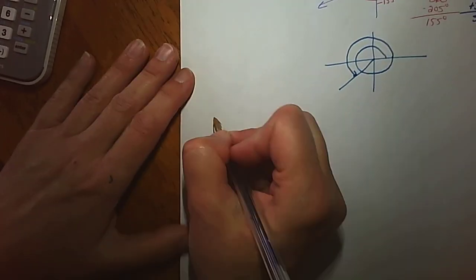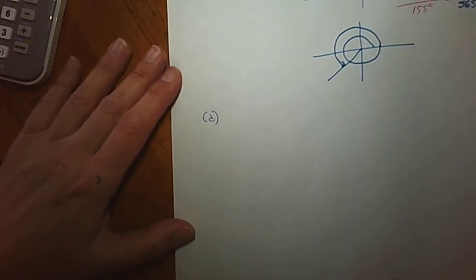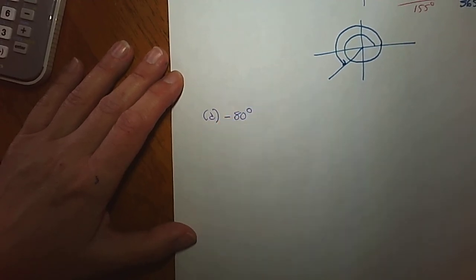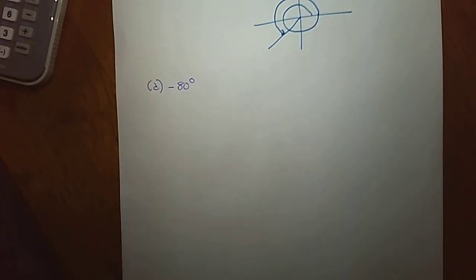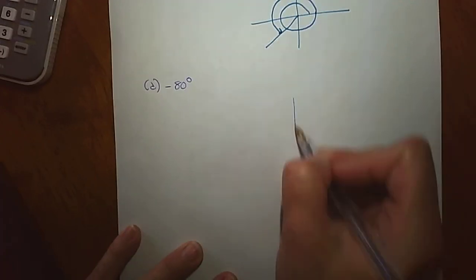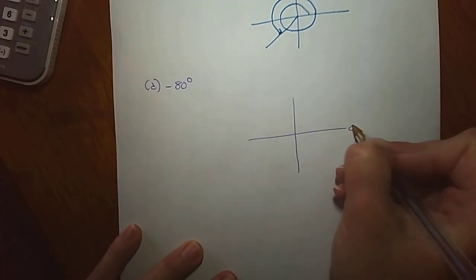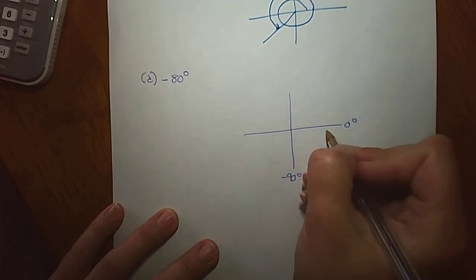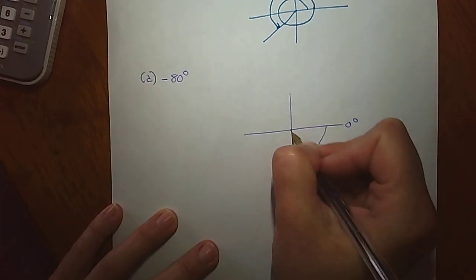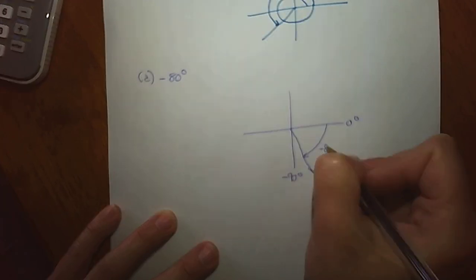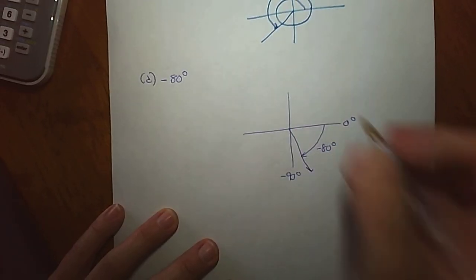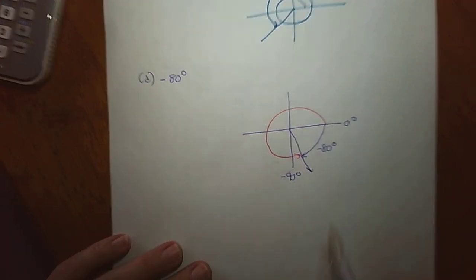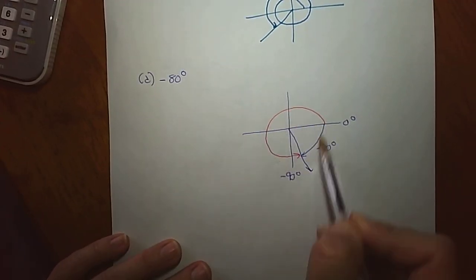What if we're going backwards? What if I give you negative 80? Still going to do the same thing. Here's 0. Here's negative 90. So we're going to about there. So that would be negative 80. How would I find the other direction? Well, if you notice, guys, this makes almost a circle.